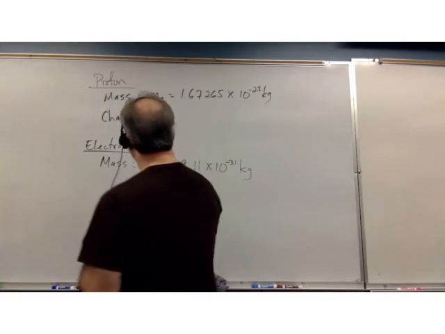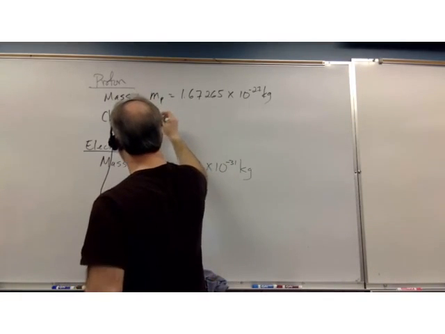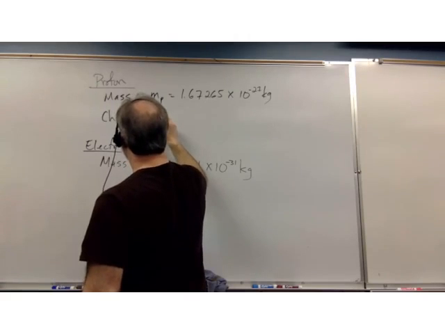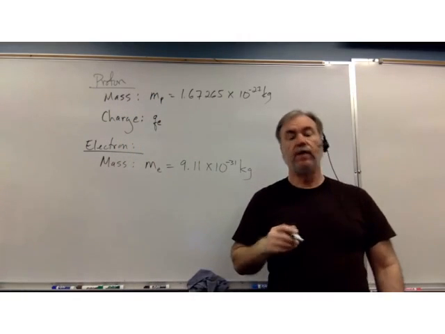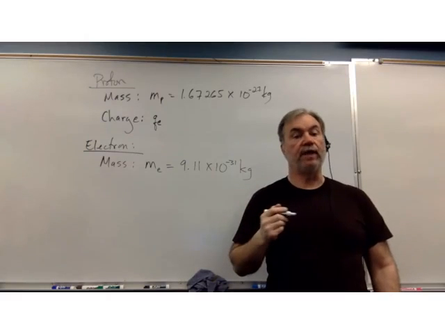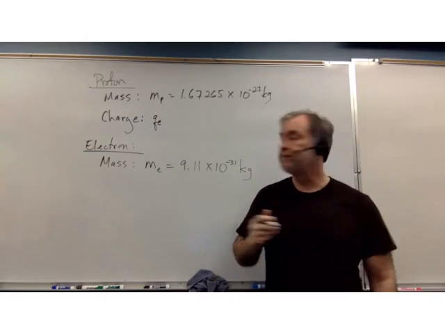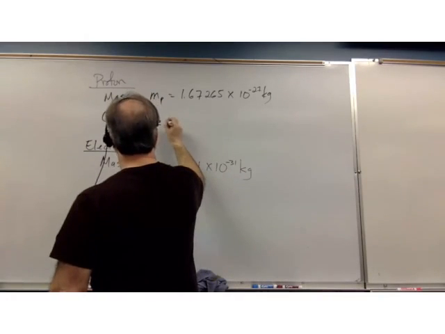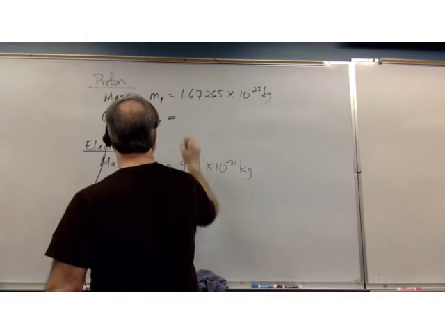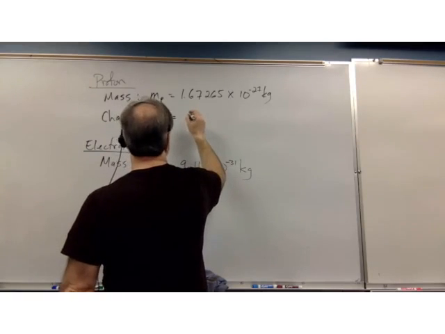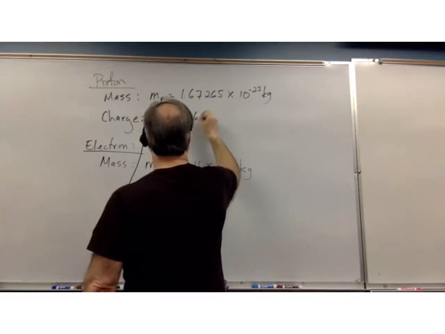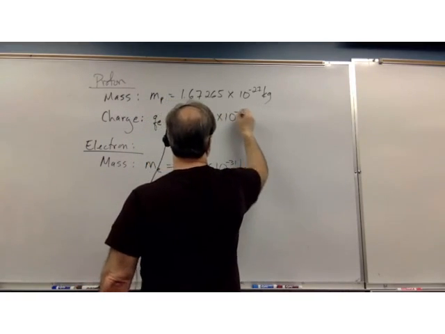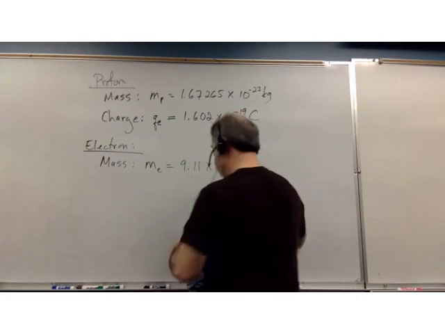In the case of a proton, the charge is given a symbol. There are actually two symbols that are often used, either Q sub E, which is the one I'm going to use, or sometimes just the letter E, and I'll explain the meaning of the E in a moment. In any case, the charge is given the symbol Q sub E, and it turns out to be, in SI units, 1.602 times 10 to the minus 19 coulombs.